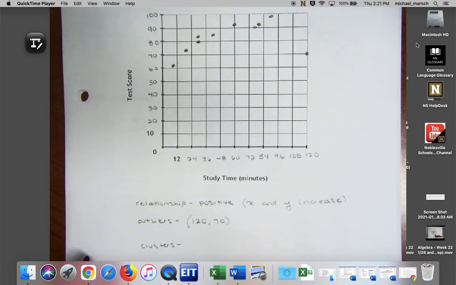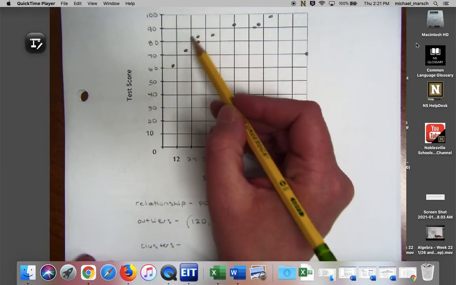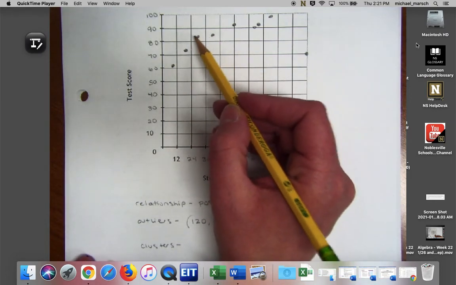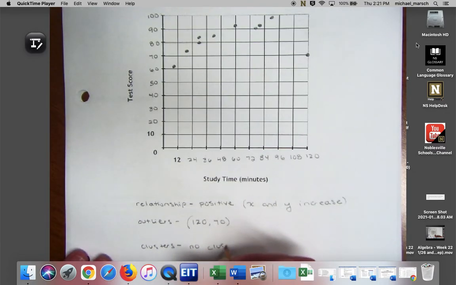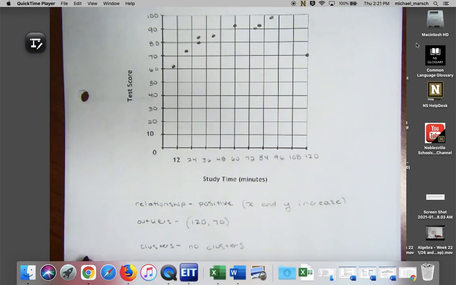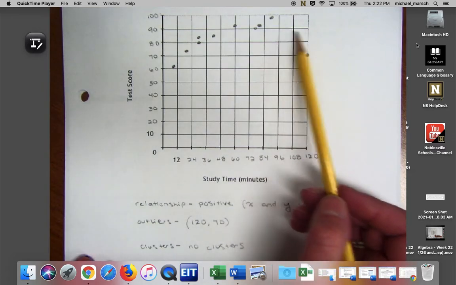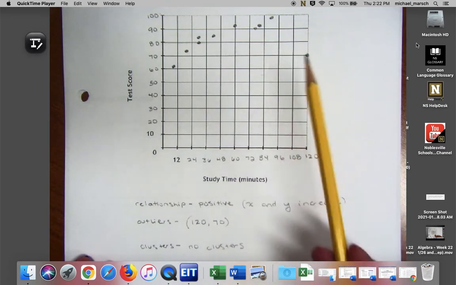All right, I don't see any clusters. Normally clusters are like 3 or 4 things that are around. This is only 2, so we can't count that as a cluster quite yet. So no clusters. I think if we surveyed more students, we would probably have a cluster. And then there's an obvious gap here, right?